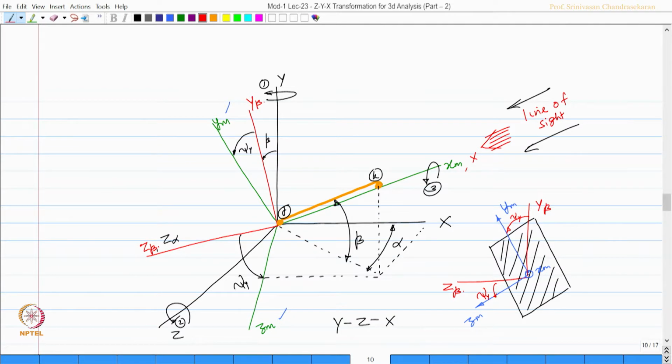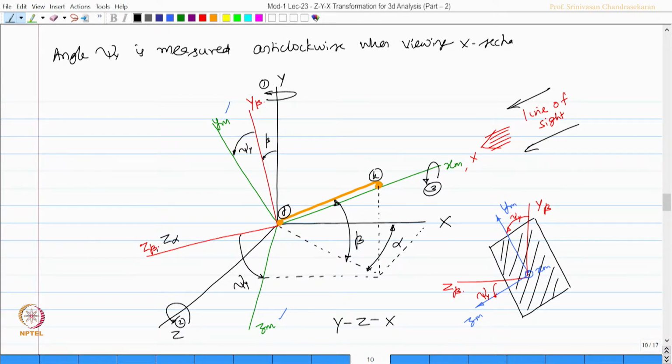So, now we can write the angle psi y is measured anti-clockwise when viewing the cross section of the member towards the jth end from the kth end.